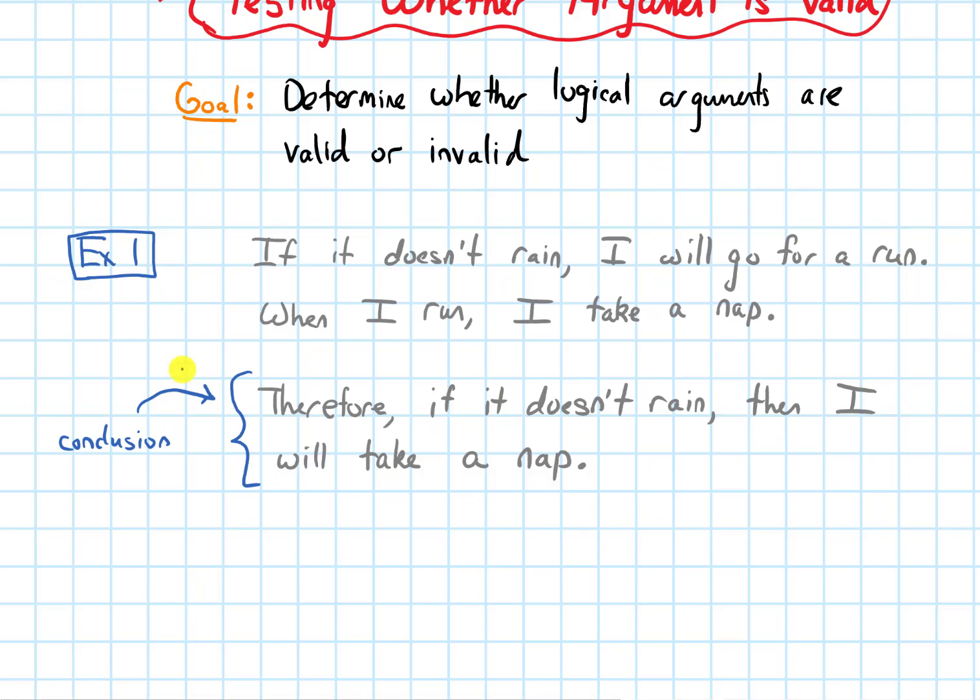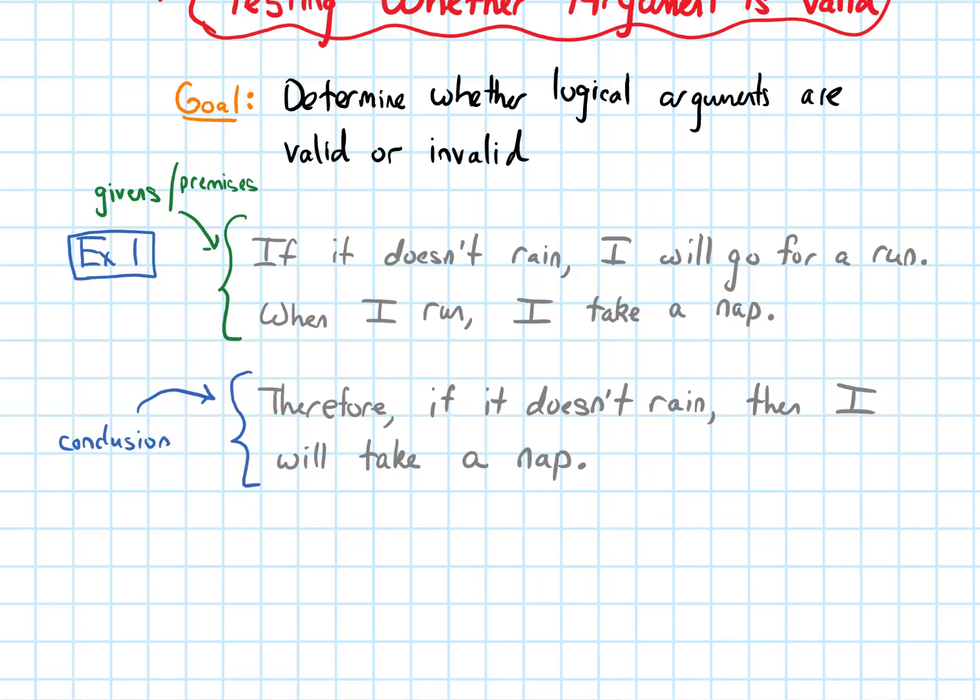And the stuff that comes before that, all of this, I'm going to refer to as the givens, or sometimes we call these, in logic, the premises. But usually I'll just call them the givens. So I'm given this stuff at the top in green, and my conclusion is this stuff down in blue.